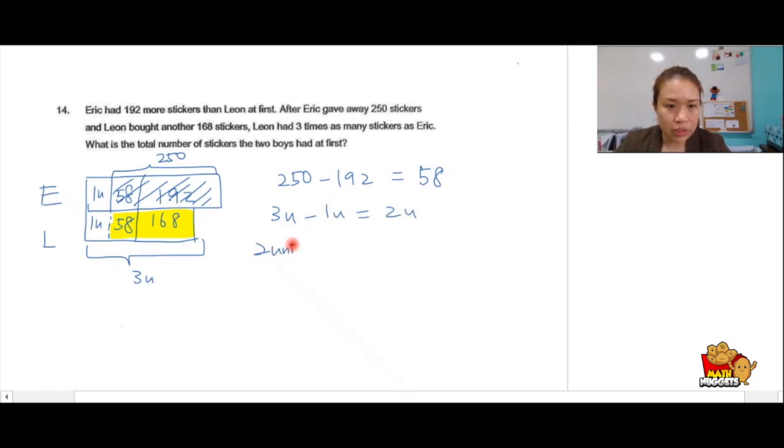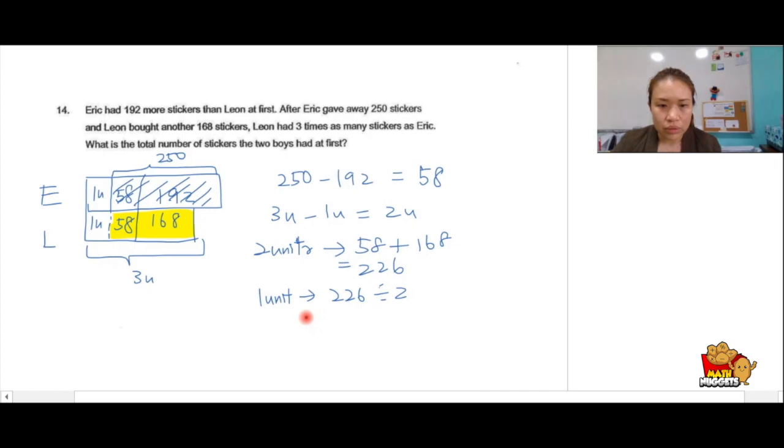So 2 units is 58 plus 168, which is 226. 1 unit will be 226 divided by 2 is 113.